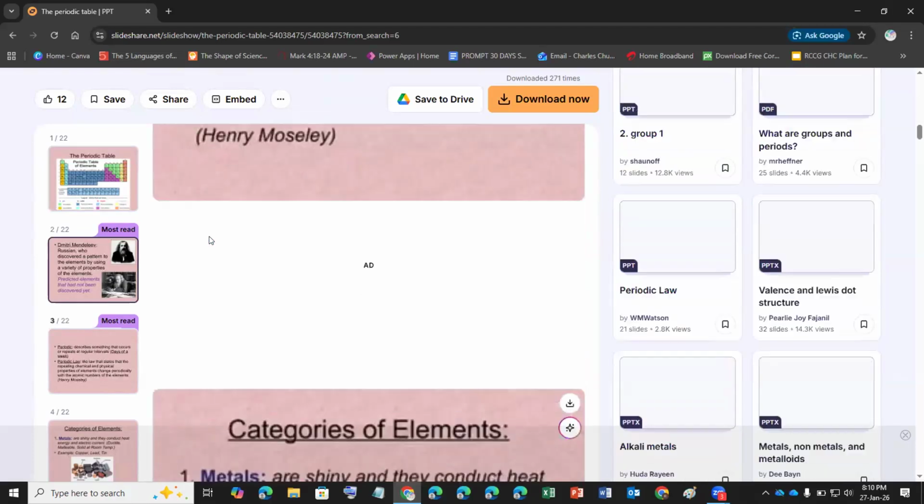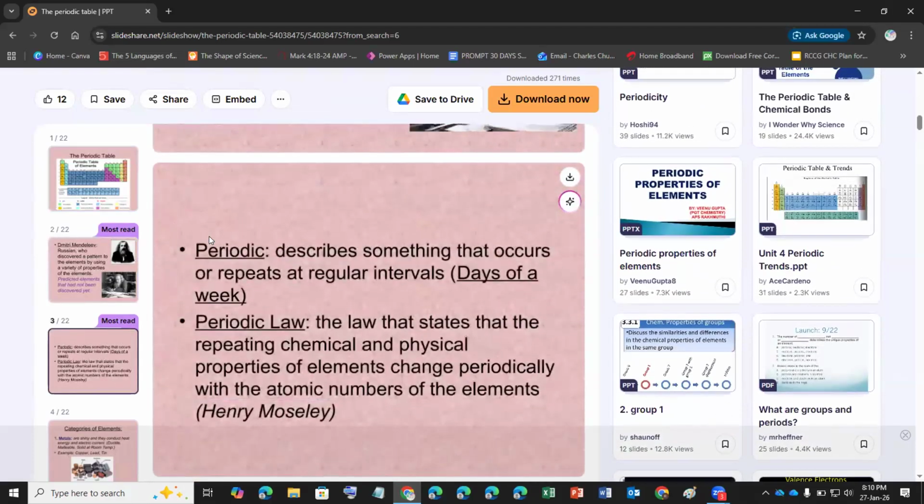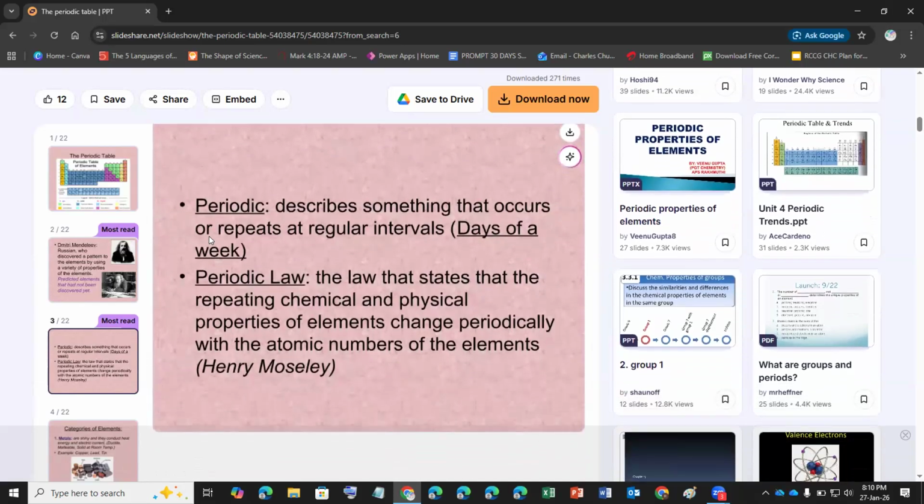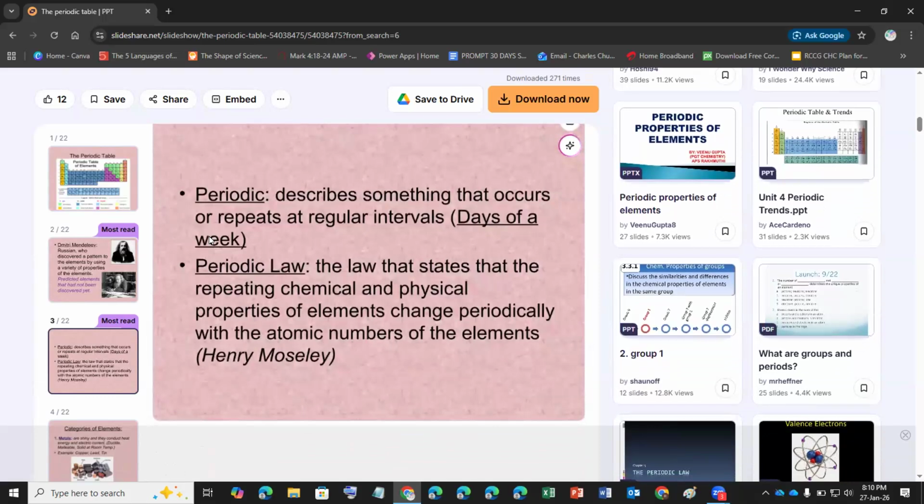Okay. So a lot of thought and planning, I would say, went into developing that periodic table. So you can see the things that govern it, right? The periodic law that states that repeating chemical and physical properties of elements change periodically with the atomic numbers of the elements.